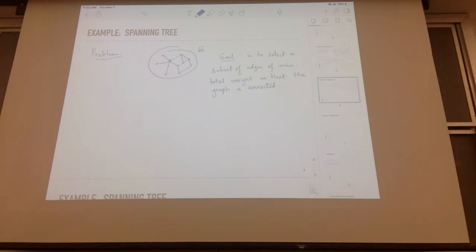So we called this a communication backbone in the example we saw a few weeks ago.